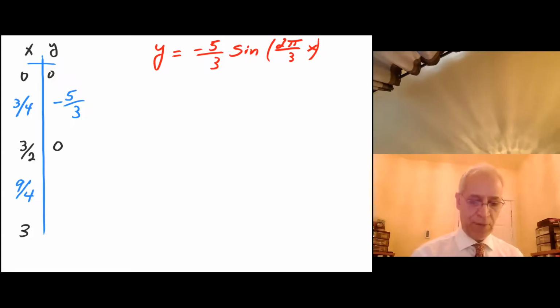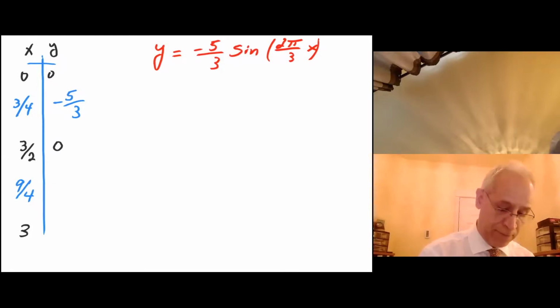Plug in 9/4 for my x. The 9 cancels, I have 3 pi, and then 3 pi over 2. Sine of 3 pi over 2 is -1. -1 times -5/3 is +5/3.